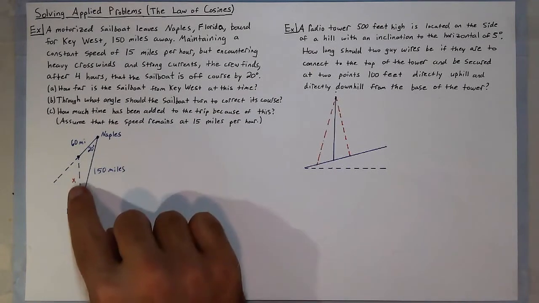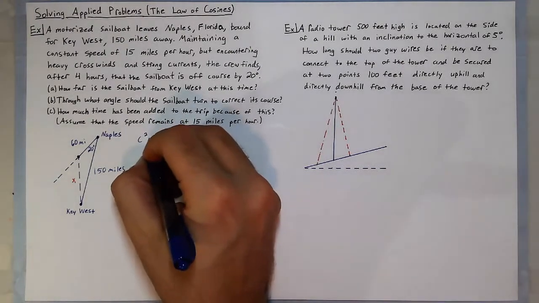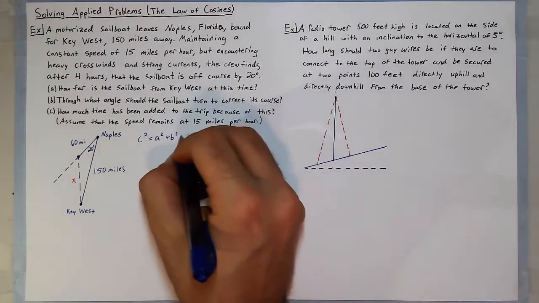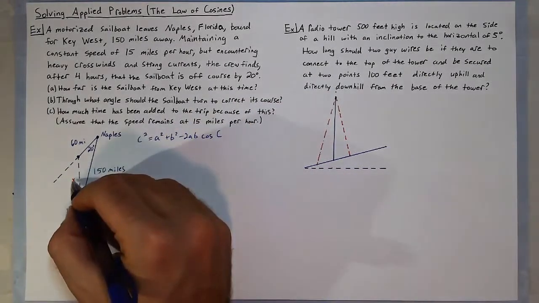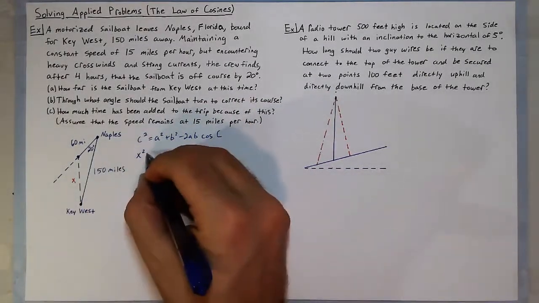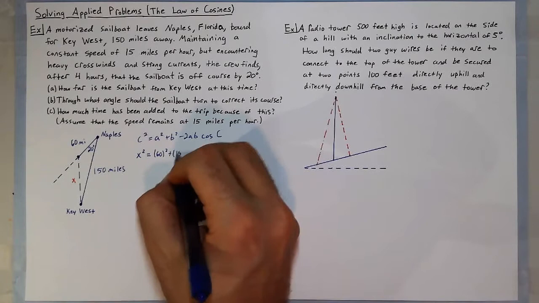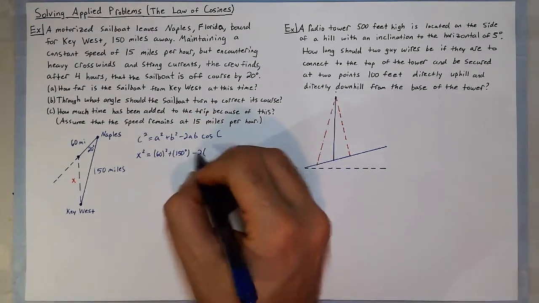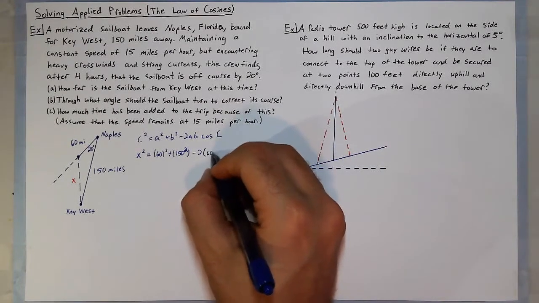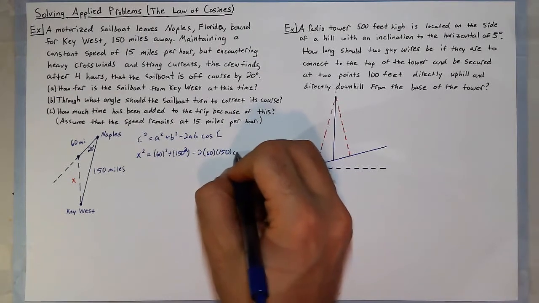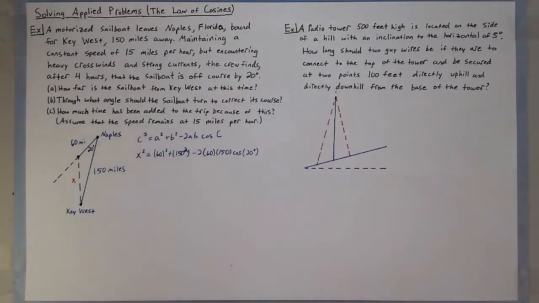So using the law of cosines, which is c squared is equal to a squared plus b squared minus 2ab cosine of C. My c is going to be x for that distance. x squared is going to be equal to my two sides, 60 squared plus 150 squared, minus 2 times 60 times 150 times the cosine of 20 degrees, which is where the angle across from x is.